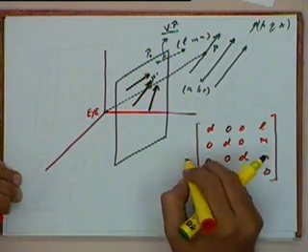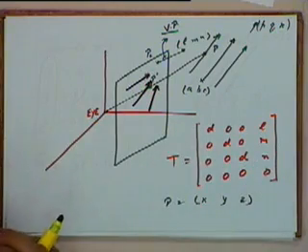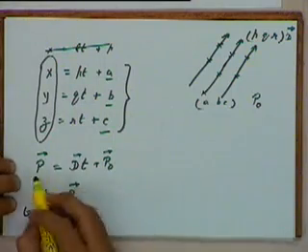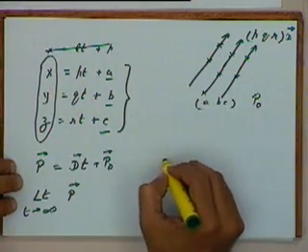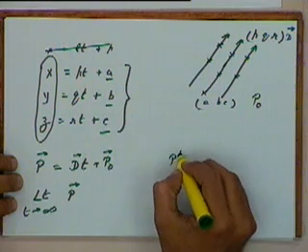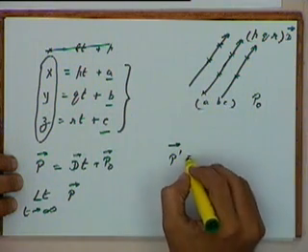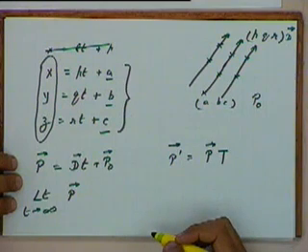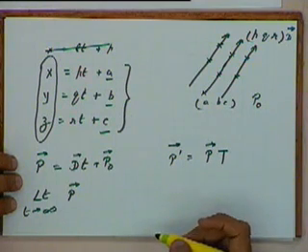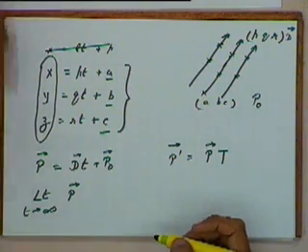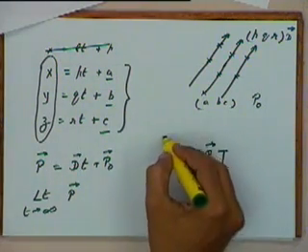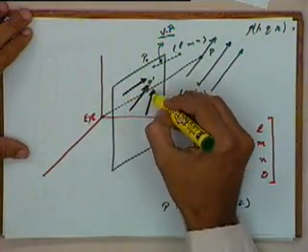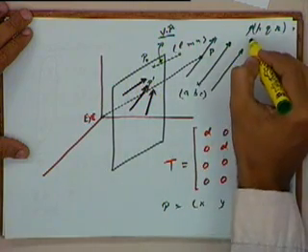Let's say this transformation is the transformation T. Then the transformed points, that is the vectors P prime, will be equal to P multiplied by T. So now this vector P prime is going to be a family of vectors corresponding to lines parallel in the direction PQR.